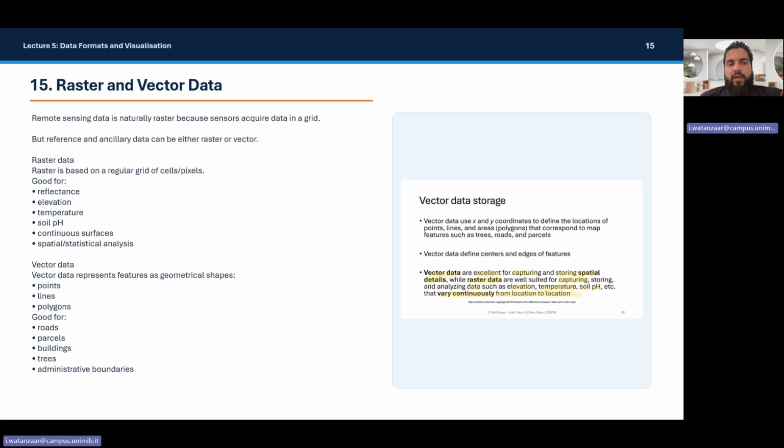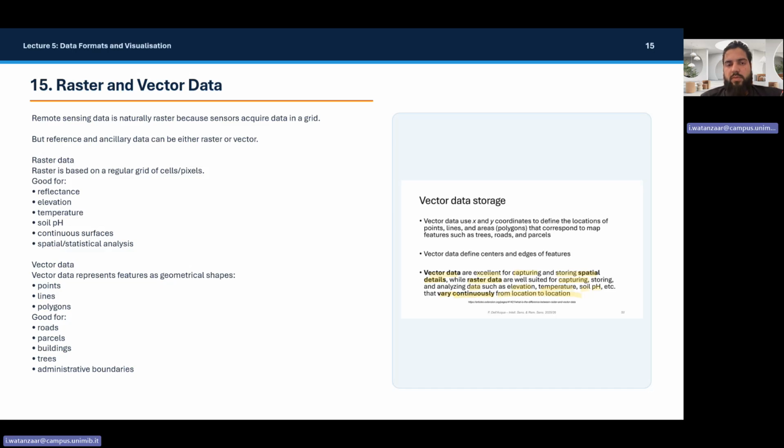So now, what is raster data and what is vector data? The raster is based on a regular grid of cells or pixels. We already discussed this. And what is the benefit? It is good for reflectance, elevation and height or altitude, temperature, the pH of the soil, continuous surfaces and spatial statistical analysis.